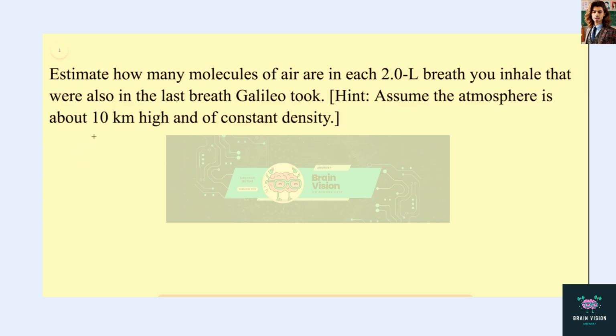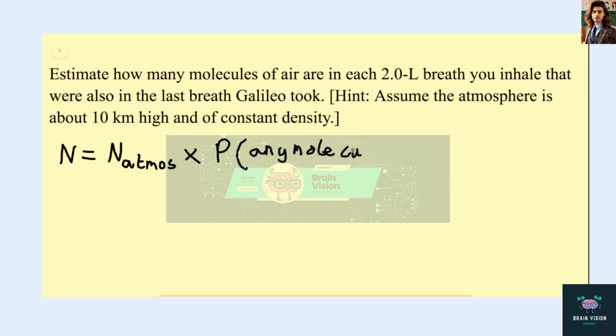So the number of molecules, N, is equal to the number of molecules in the atmosphere, N atmos, multiplied by the probability of any molecule being in any two random breaths.